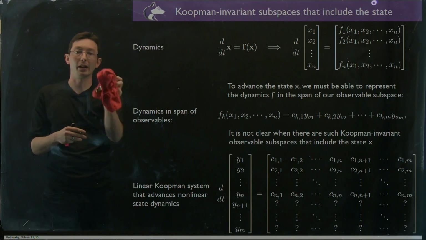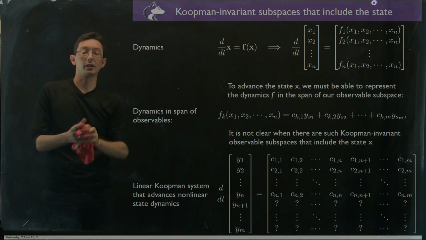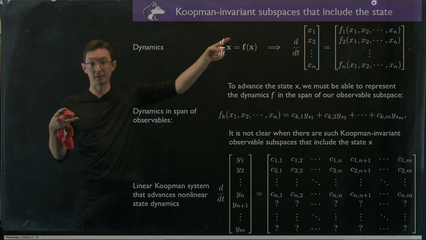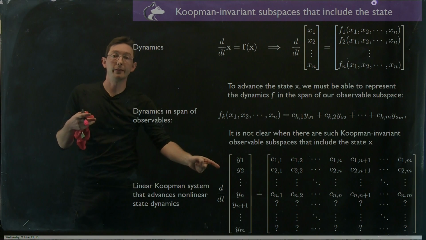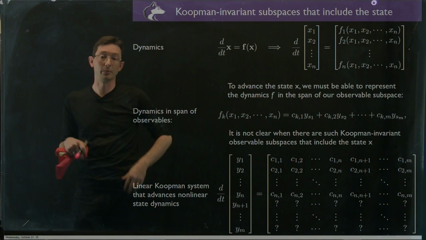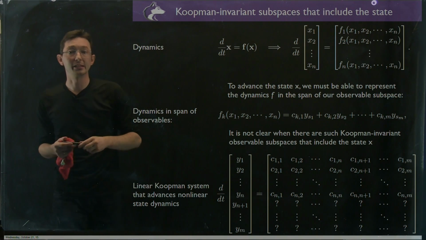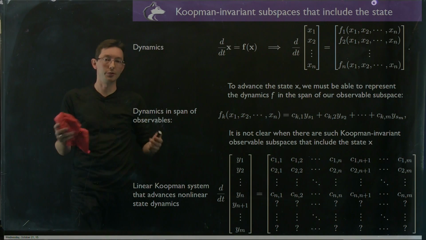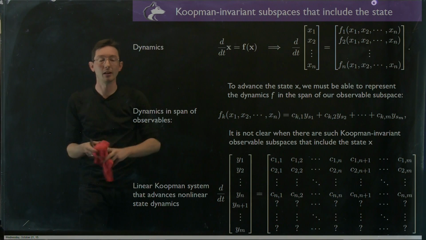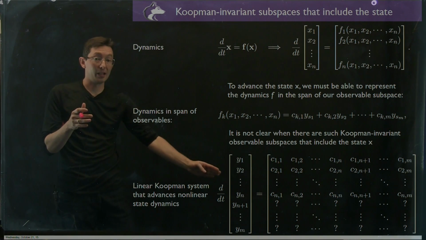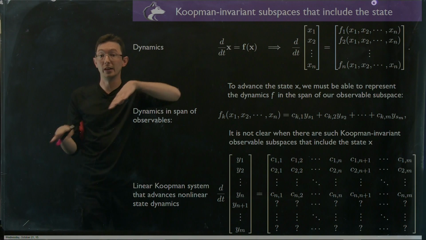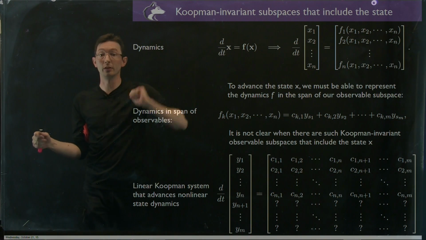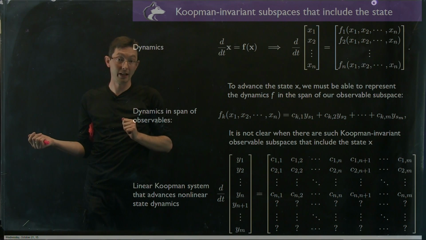You can't do some kind of continuous deformation of the flow of my nonlinear system with multiple fixed points into the flow of a linear system with a single fixed point. And so this is a little bit disappointing. What this tells us is that if I have a system that has 3 fixed points or 2 fixed points or a strange attractor, chances are I'm not going to be able to get a finite dimensional Koopman invariant subspace that also includes linear measurements of my state x.